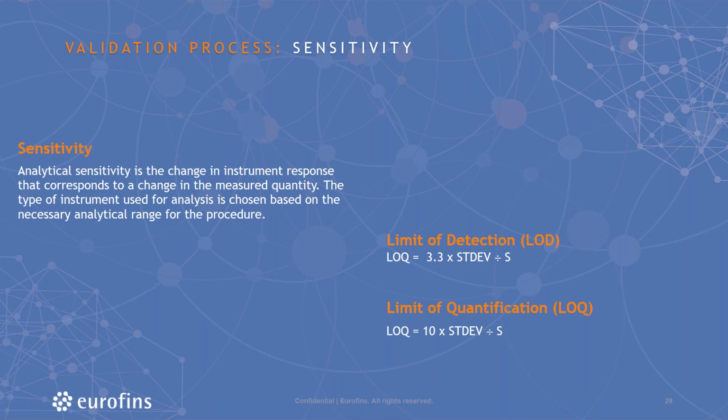So generally, when we talk about LOD and LOQ, LOD is generally defined as 3.3 times the standard deviation, and the LOQ is 10 times. Another way to look at it from a chromatography standpoint is signal to noise. So 10 times signal to noise is generally your LOQ.